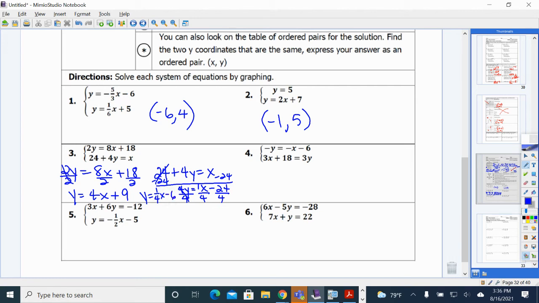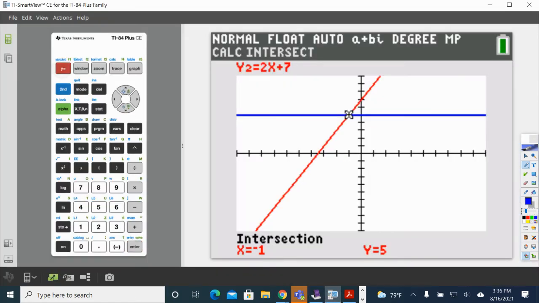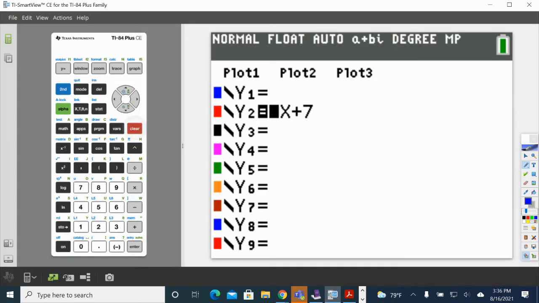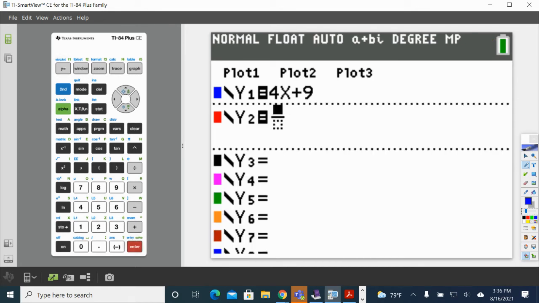So your two equations are there, y equals 4x plus 9 and y equals 1/4 x minus 6. Steps are the same. Go to y equal, clear the old, put in the new. So I got 4x plus 9 for my first one and 1/4 x minus 6 for the second one.